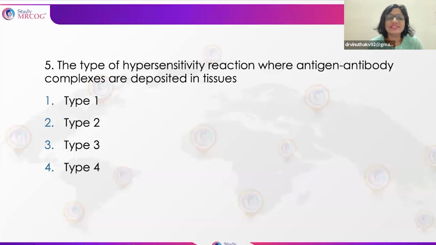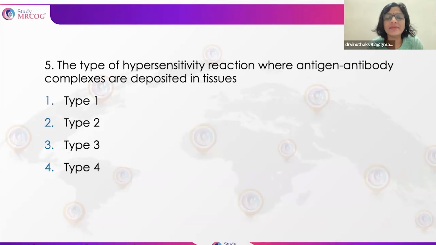The last question for today: the type of hypersensitivity reaction where antigen antibody complexes are deposited in tissue. I told you the difference between type 2 and type 3. In type 2, IgG or IgM binds to an antigen, and that immediately triggers the complement system. In type 3, the antigen antibody complex is formed, which gets deposited in a tissue.